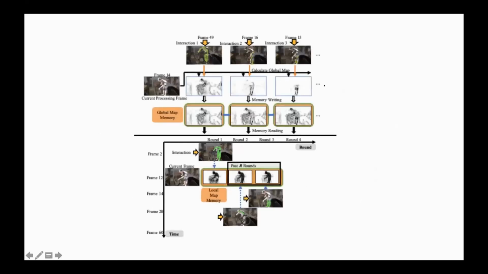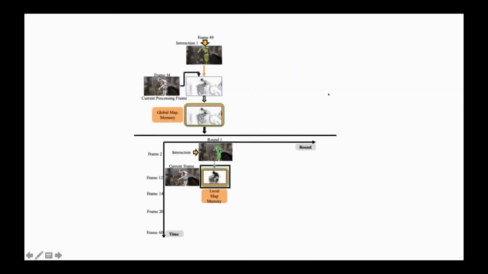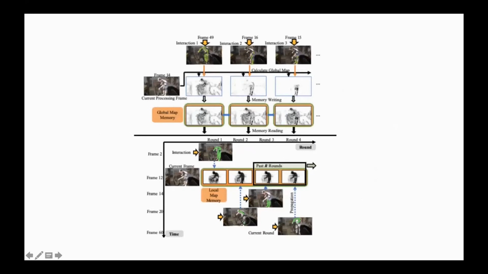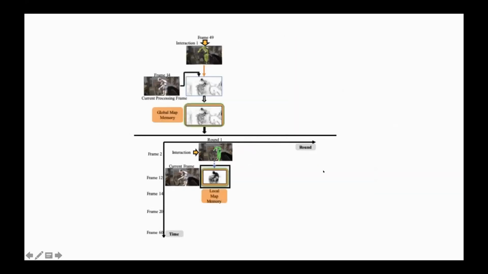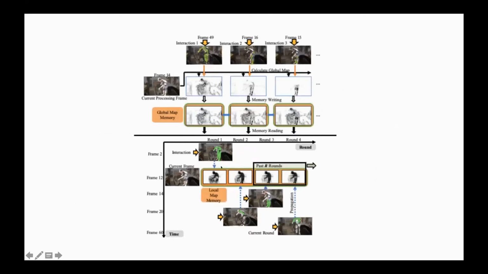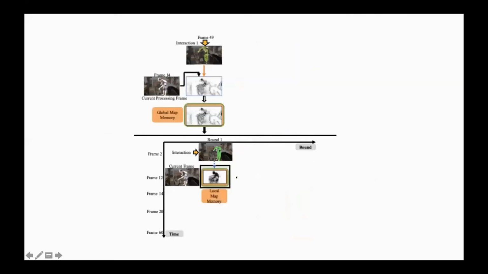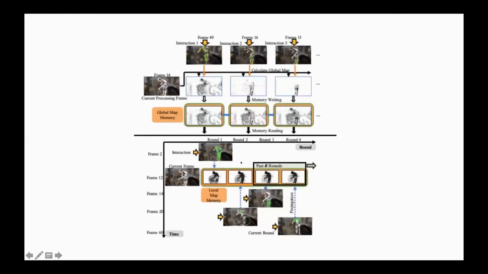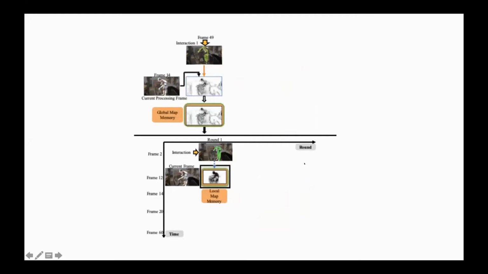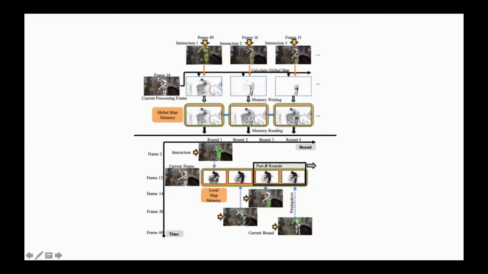This is the GIF figure of the two memory modules, and we can see that if R is 2, we just select the local map from the past 2 rounds.